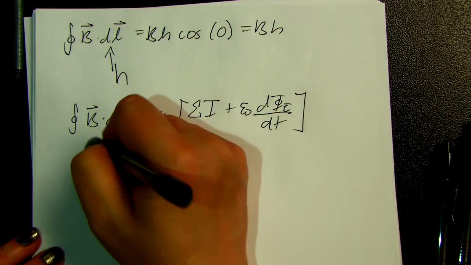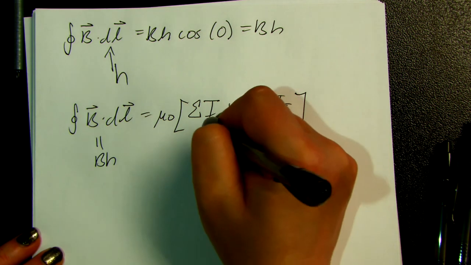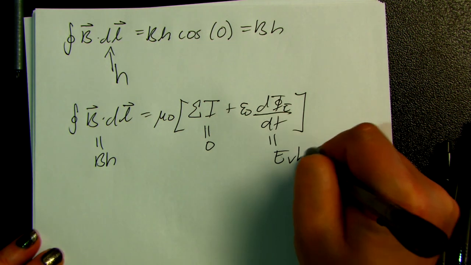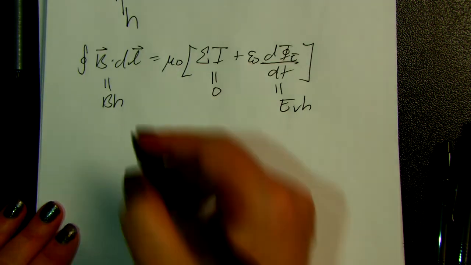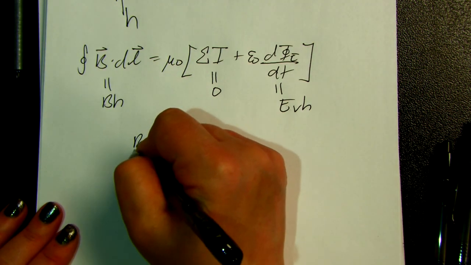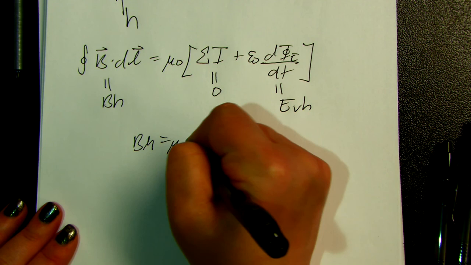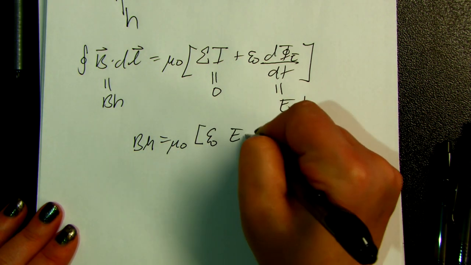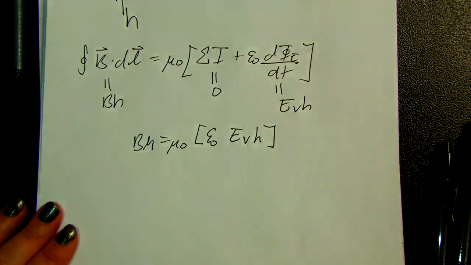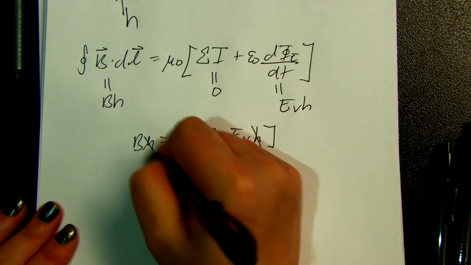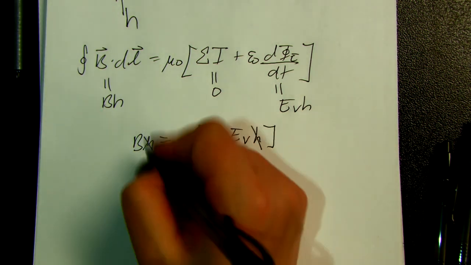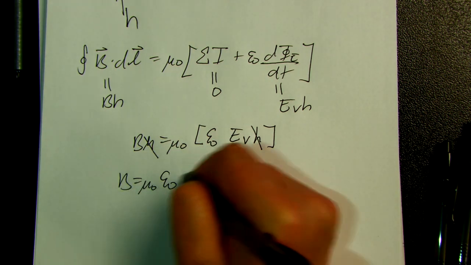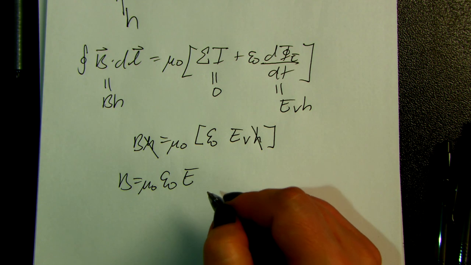So BH is equal to 0 plus epsilon naught EVH. So we have BH is equal to mu naught epsilon naught EVH. H is on both sides. And we get B is equal to mu naught epsilon naught E V.